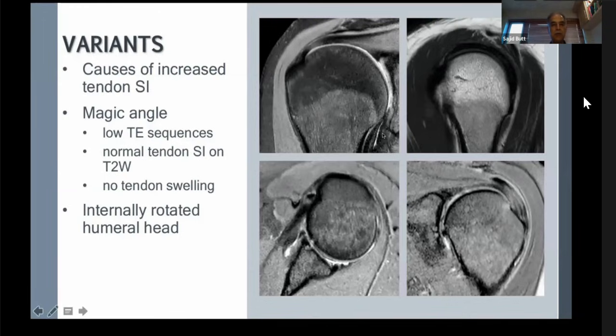Secondly, if a patient has their shoulder in a degree of internal rotation, then the internal rotation would result in a spurious increase in signal intensity in the rotator cuff.